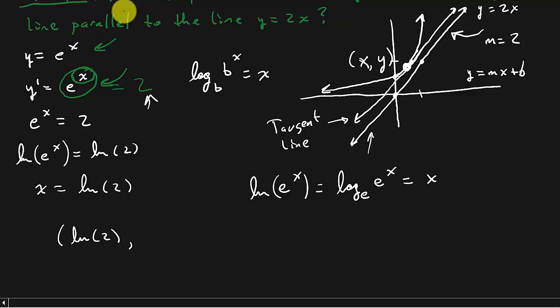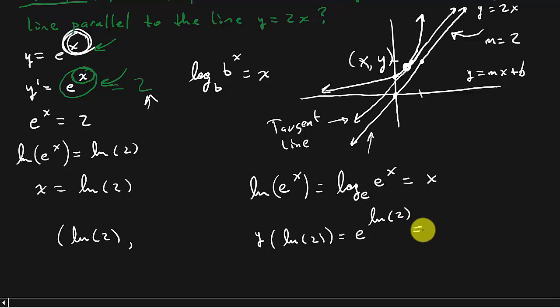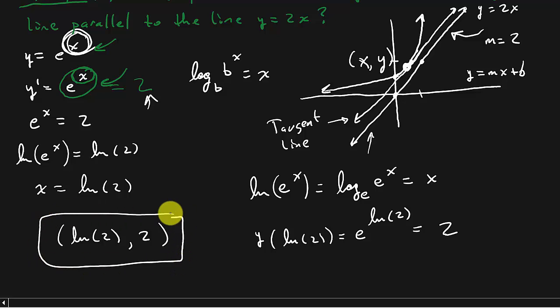I'm plugging natural log 2 into this one to get y. So y of natural log 2 is equal to e to the natural log 2, and that is just equal to 2. And so there's the point. At that point, the tangent line is parallel to that line.